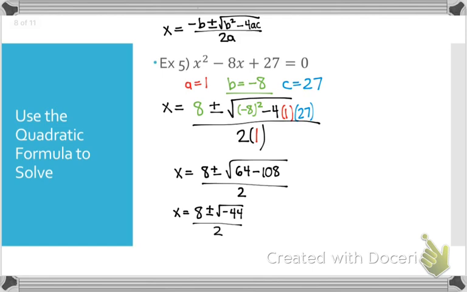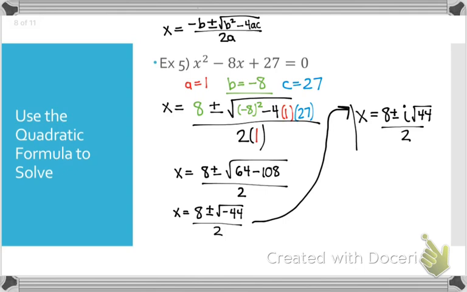Now notice that we have a negative radical, and I'm going to continue this up here. That means that x is equal to 8 plus or minus, and I don't want a negative radical, so I'm just going to change that to an i times the square root of 44, all divided by 2. And that would be my answer, and that would be acceptable.